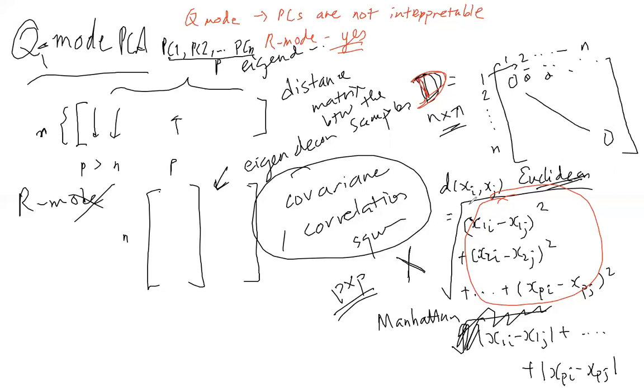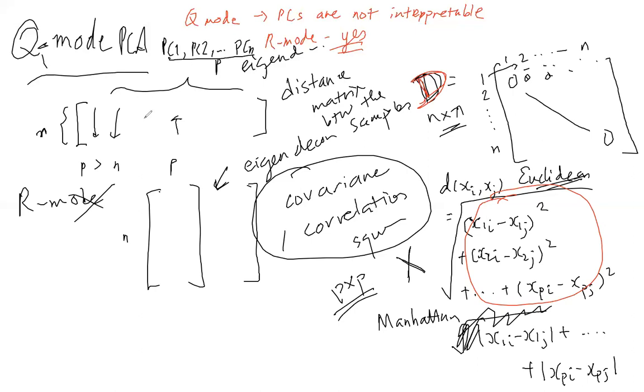In that case, when you do principal component analysis, you are probably going to work with Q mode. Doing Q mode and R mode principal component in R, they have different functions to do it. Later we will look at how to do R mode and Q mode principal component in R.